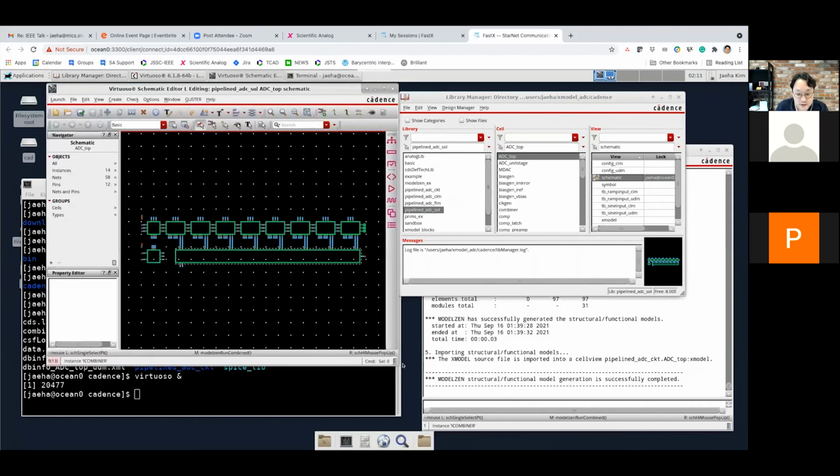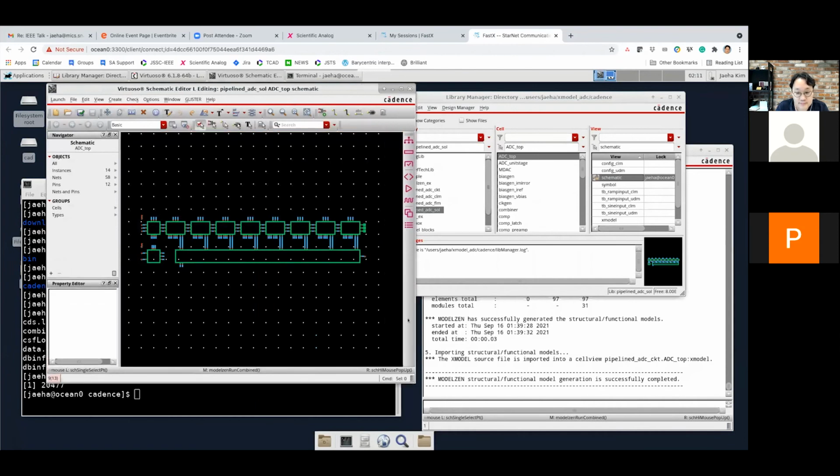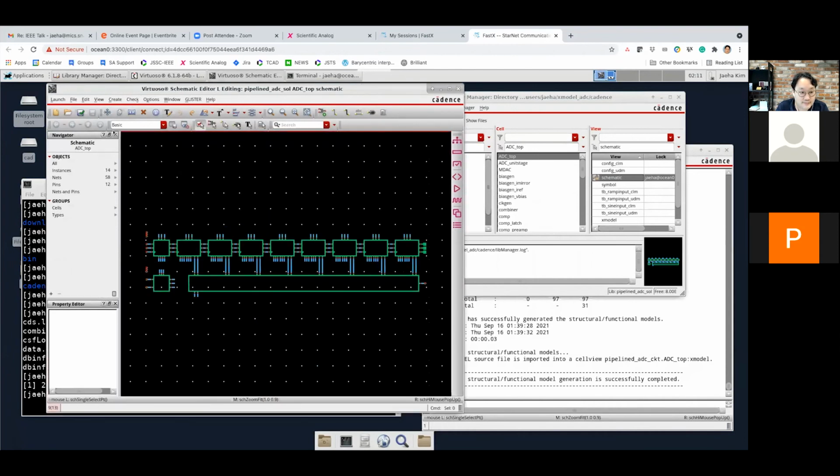So this is the circuit that I just explained, with all the UDM mappings that I explained. To generate the model, press that button.